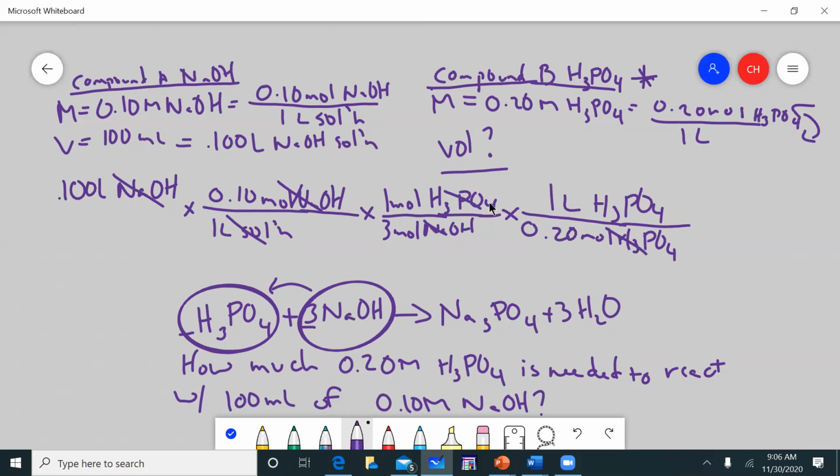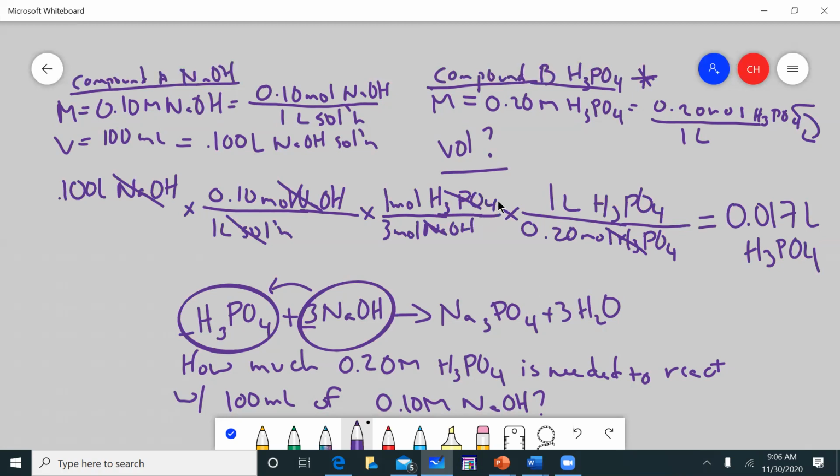So now we plug this in. 0.100 times 0.10 divided by 3 divided by 0.2. End up with a value of 0.017 liters of the H3PO4.